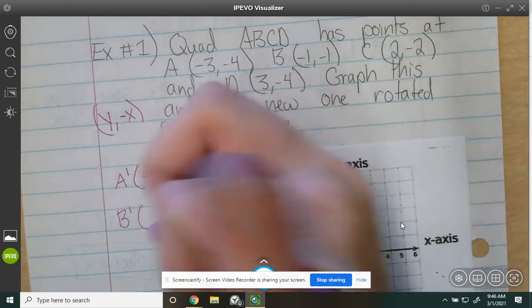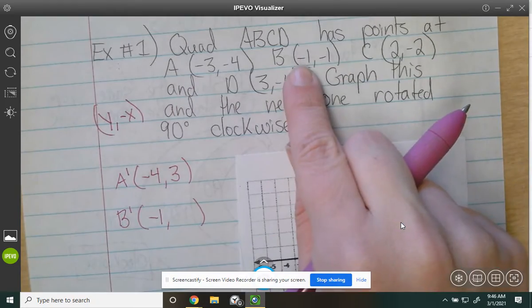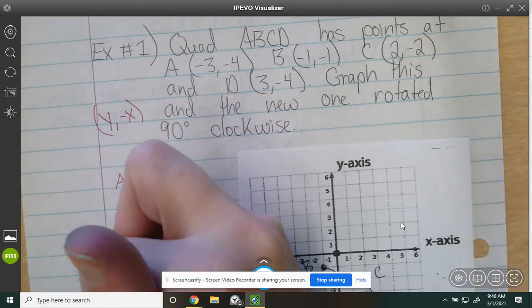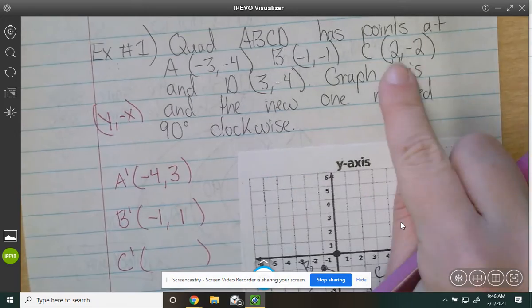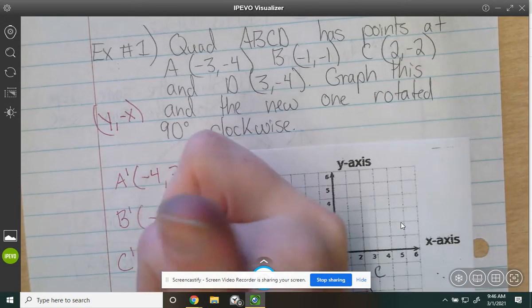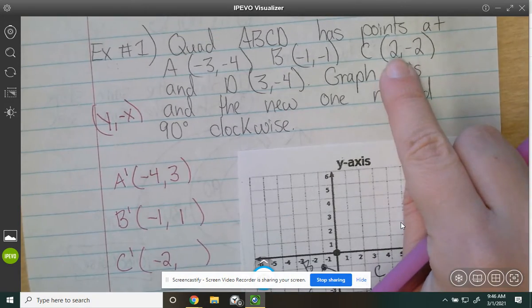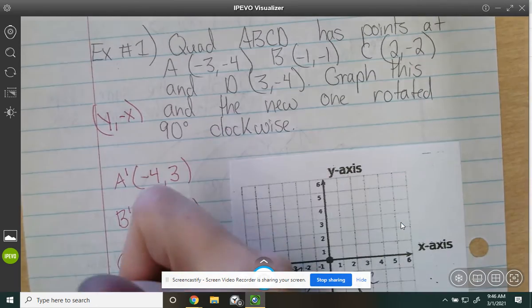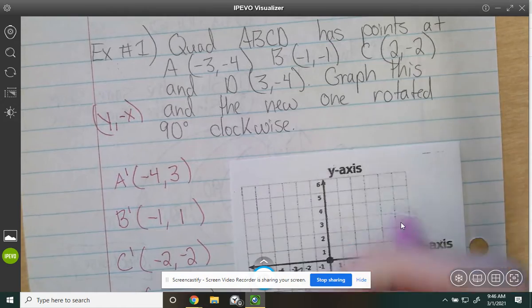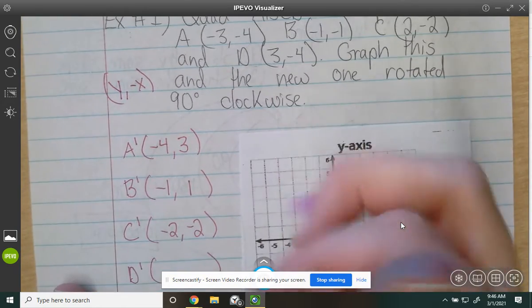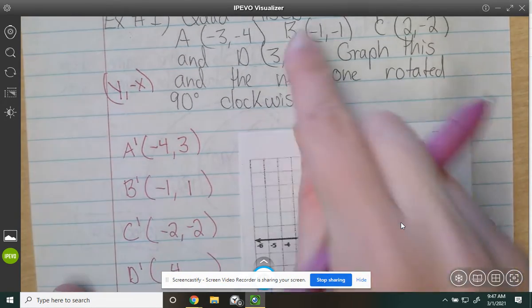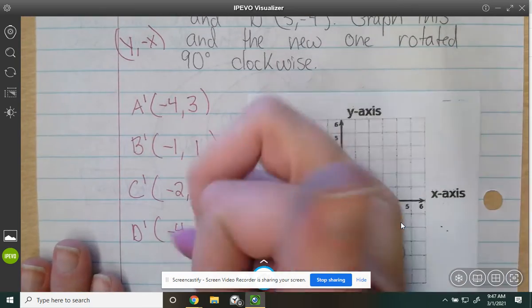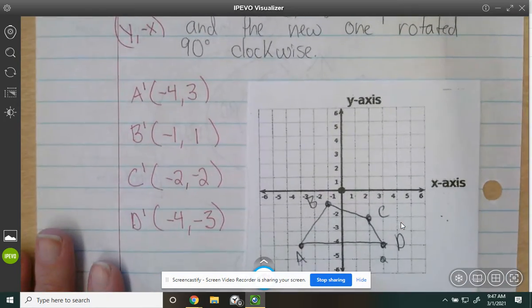Flip-flop these, so -1, and then that one changes to a positive. Flip-flop these, so first would be -2, and then that one is already positive, so that means it changes to a negative. Flip-flop these, so -4. Same thing here, it's already a positive, so it would have to change to a negative.